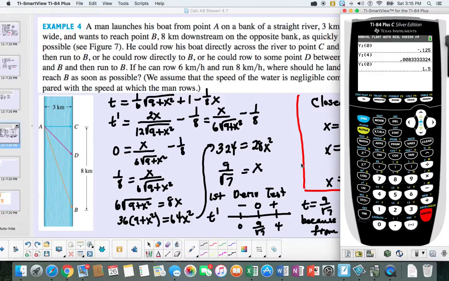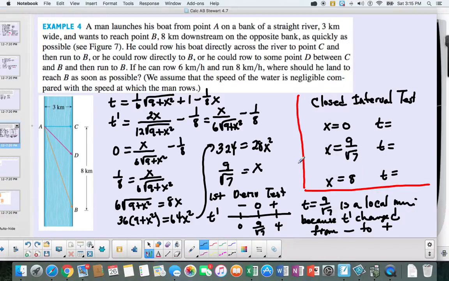And I get 1.5. So this value right here is 1.5. And if I put this in the calculator, it'll be approximately, after I round, 1.33. And when I evaluate here, this will be approximately 1.42. So by the closed interval test, this will be the absolute min.